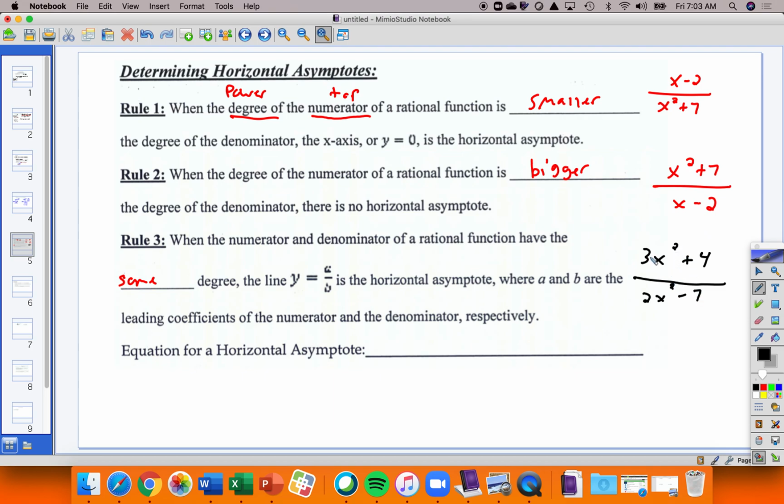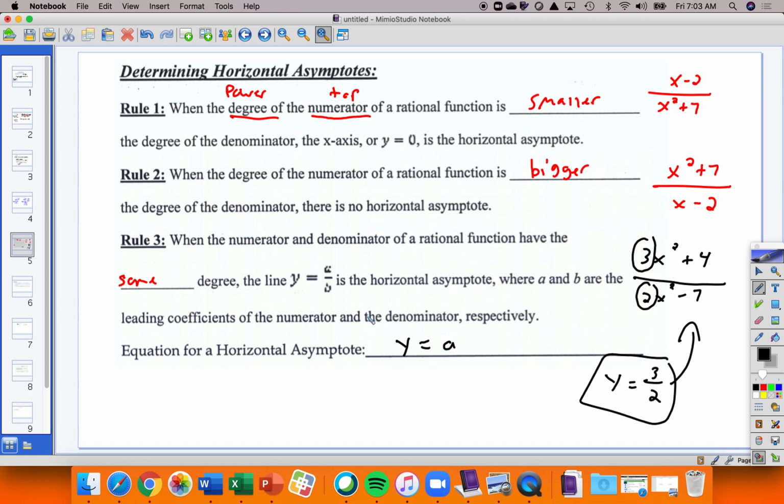So therefore, I'm going to divide the leading coefficients of my highest degree. So I get y equals 3 over 2. That is my horizontal asymptote for that example. Okay, the equation for a horizontal asymptote is going to be y equals a. Okay, it's got to be an equation, right?